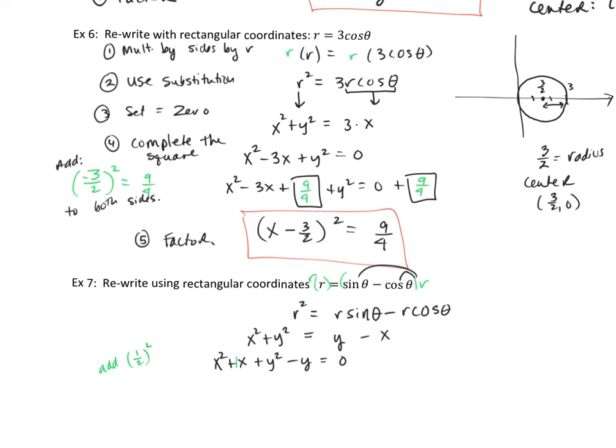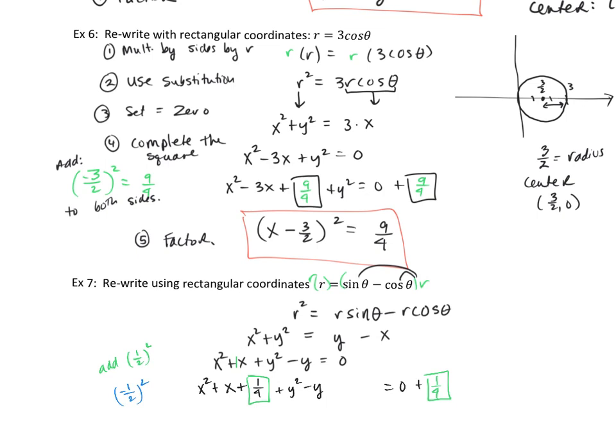For my x, the coefficient of x is just 1, so I'm going to add (1/2) quantity squared, so it'd be 1/4. That's what I add to both sides to complete my square for the x's. Now we've got y squared minus y. For my y's, it's just a -1. That's the coefficient. Split that in half and square it.